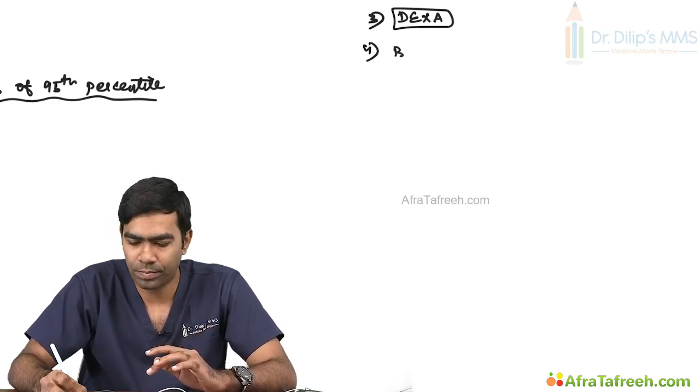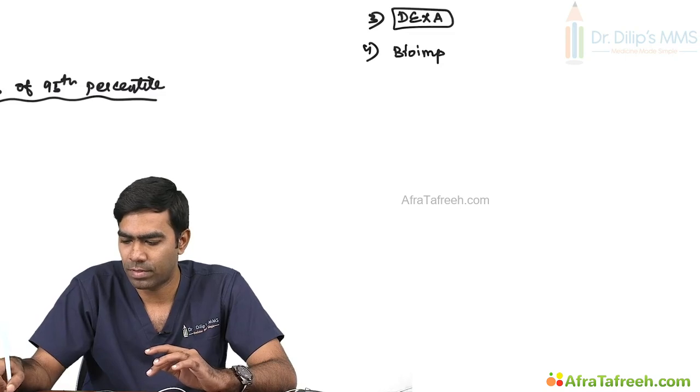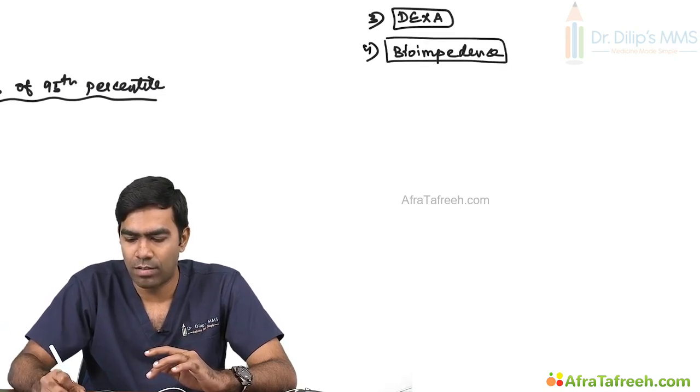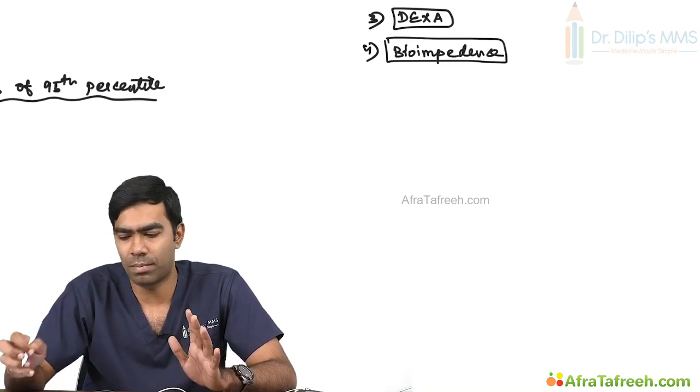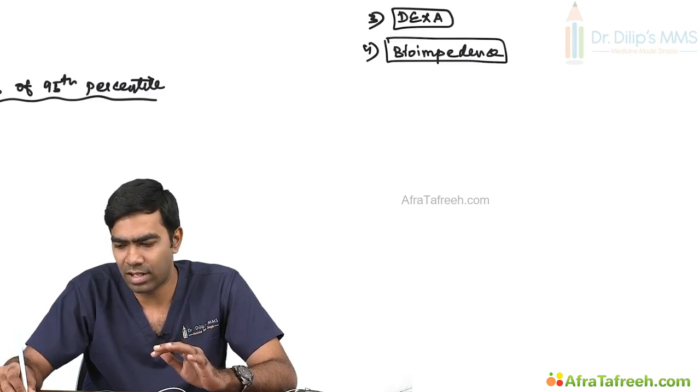And the fourth one, we have bioimpedance testing, which is by far the gold standard for measuring the regional adiposity, but in most places it is not available, and it is a little cumbersome to measure.